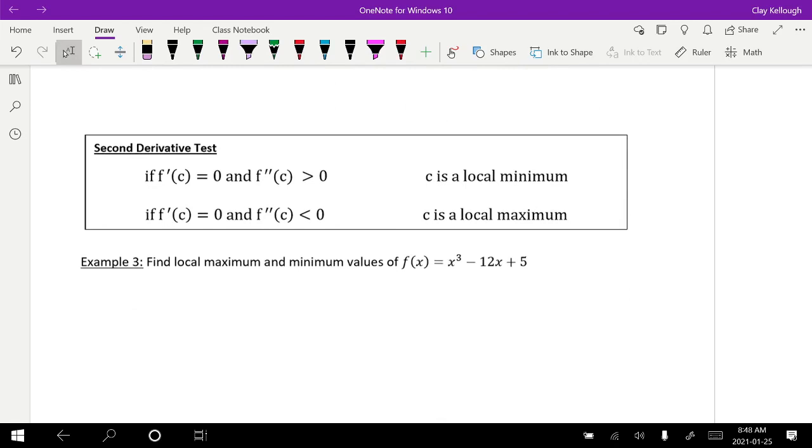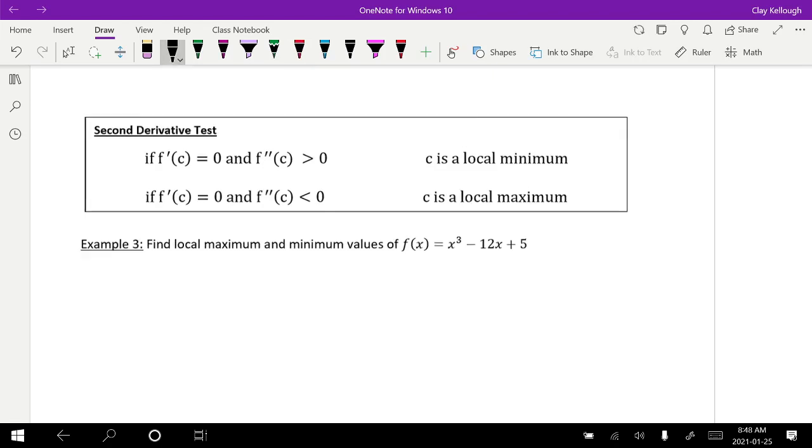You can say that if the first derivative is equal to 0 at some point C, but the second derivative is positive at that point, then you know you have a local minimum. If the first derivative is 0 at some point C, and the second derivative at that point C is negative, then you have a local maximum.